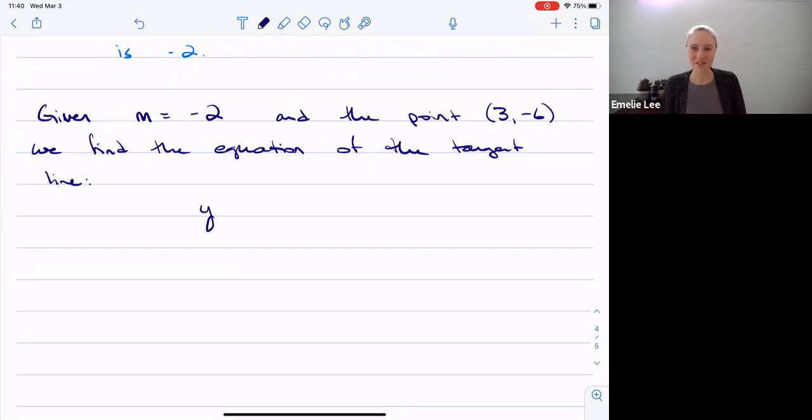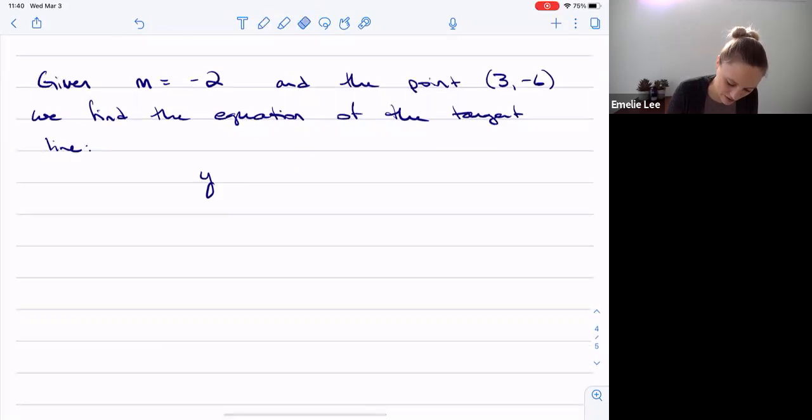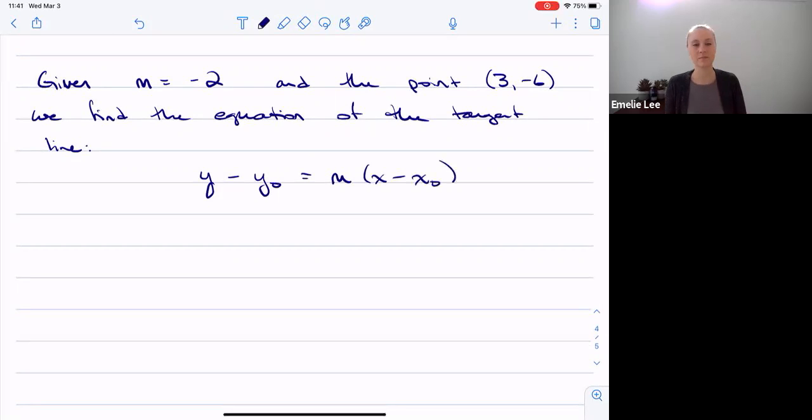Do I stick to ones or do I go for knots? I'm going to go with knots because I feel that's what they might use in Calc 2. I like to show off with these knots. So y minus y naught is m times x minus x naught.